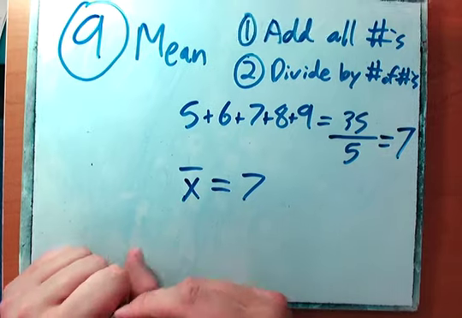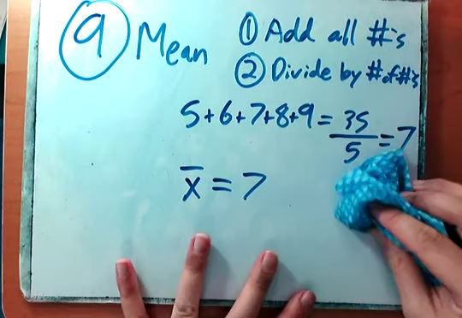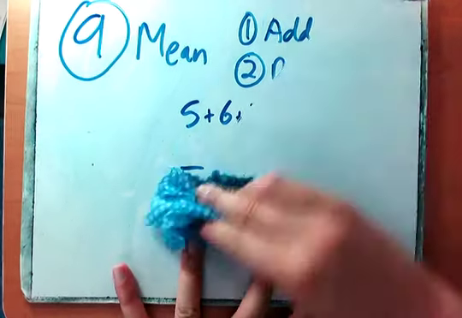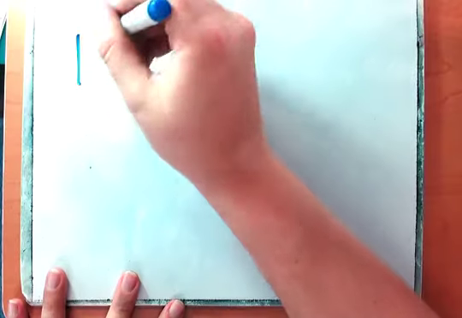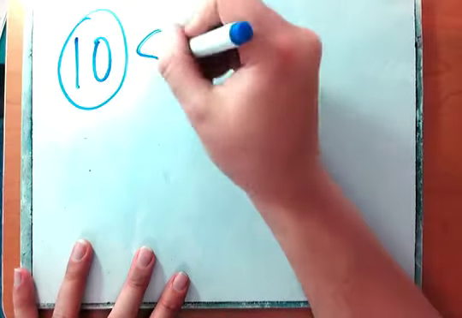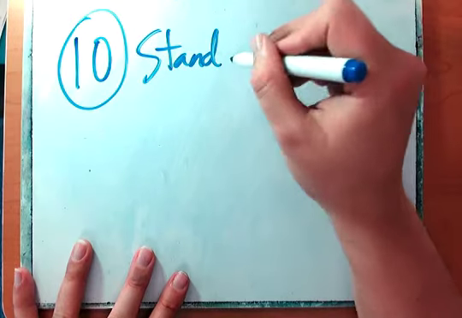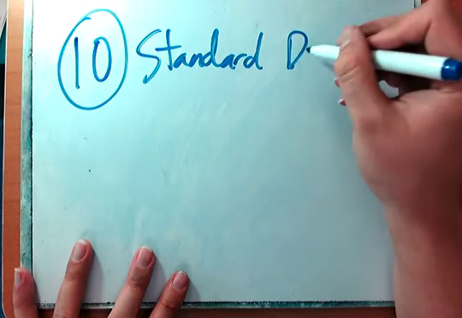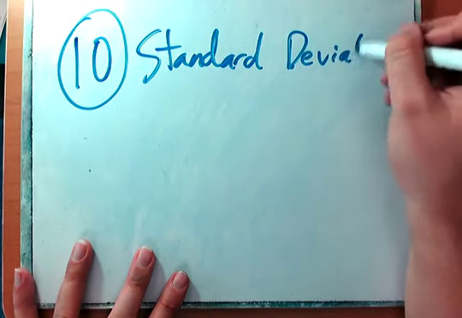Now, we have to do some fancy stuff to get the standard deviation. And this is one of the most important skills that you can have in data management. For question 10, standard deviation.